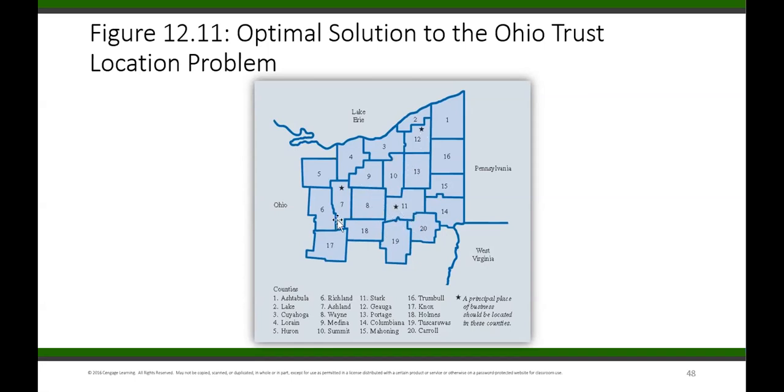Let's see. So 7 can cover itself, 5, 4, 9, 8, 18, 17, and 6. So they're all covered if you have one PPB here. When you have one at 12, 1 is covered, 16 is covered, 13 is covered. I'm not sure if 10 is covered. I don't think it's eligible. We can go back to our list.